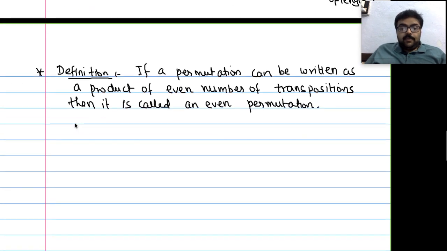And similarly, if a permutation can be written as an odd number of transpositions, then it is called an odd permutation.